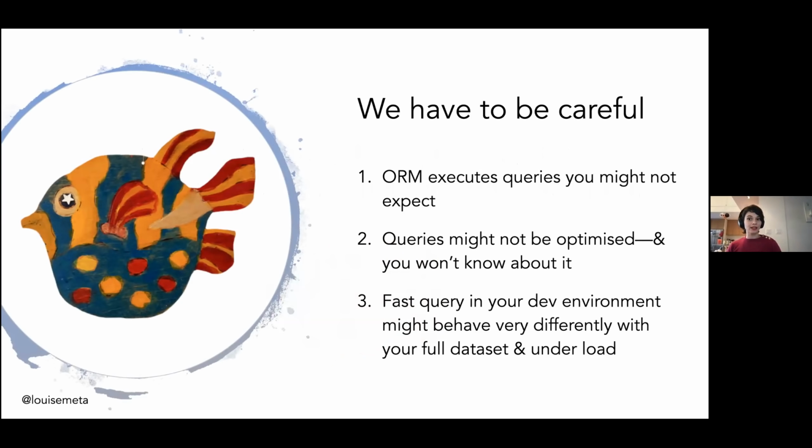And lastly, something that can happen to a lot of developers is you're working on your dev environment and you have less data than on your production environment, or it's only you, so you're not 100 or 1,000 customers going on your app. So the load that your database is under is much less. Something that seems very smooth, very fast on your dev environment can end up being a problem on production. That's really what I think happens a lot to us when we develop apps and what we need to be careful about.